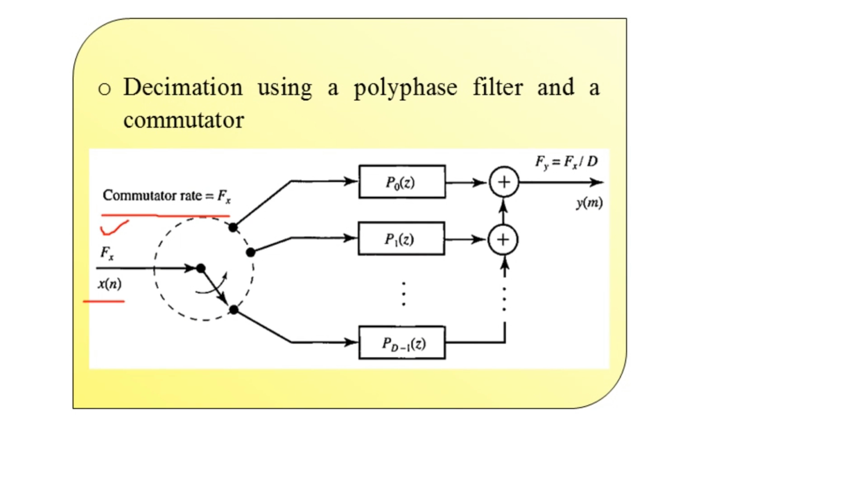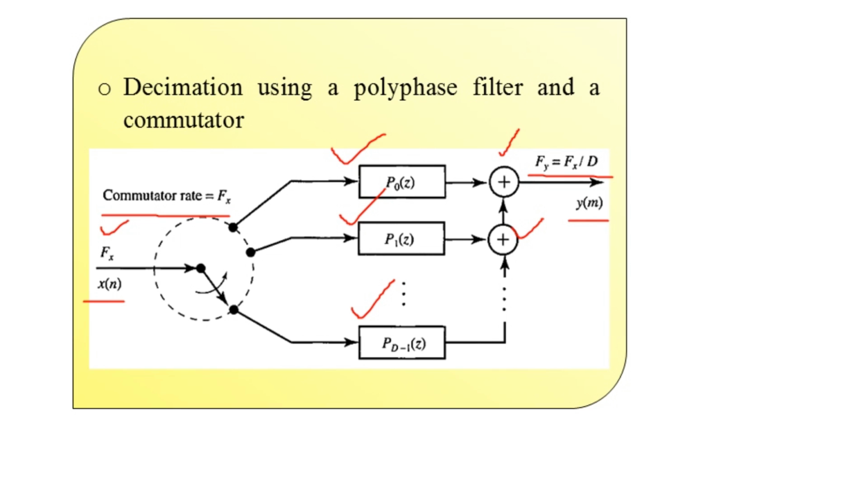The input is x of n, and these are the polyphase functions P0 of z, P1 of z, in general up to P suffix D minus 1 of z, and these are the summations. Finally, instead of Fx, the original commutator rate, we have Fy, that is Fx divided by the decimation factor denoted by capital D, and the final output signal will be y of m here.